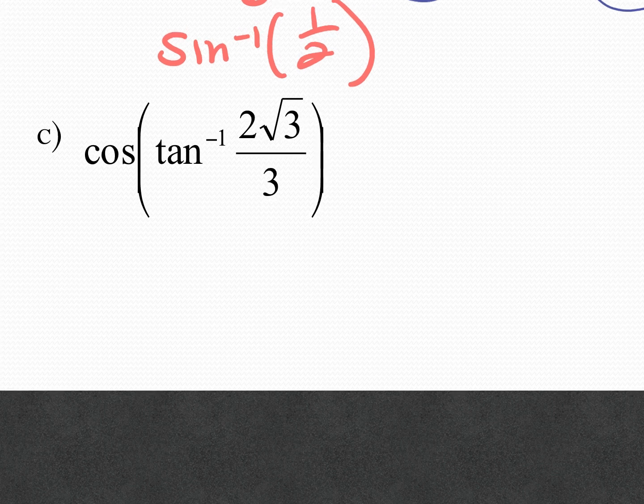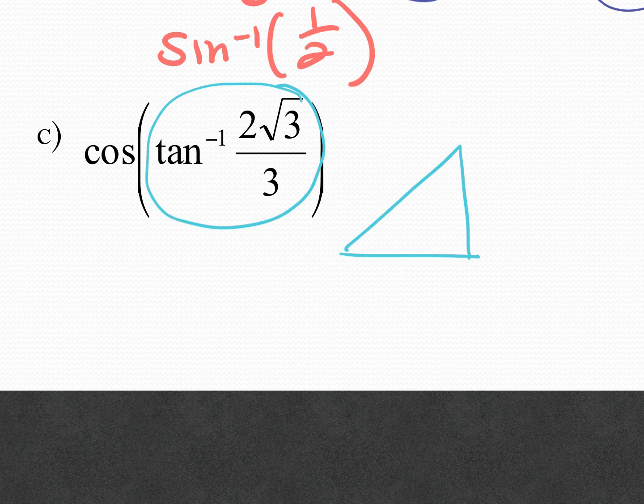Okay, so now look at this, the last one. I start with tangent -1 of 2√3/3. That's not on my unit circle, right? So I set up a right triangle. Tangent is opposite over adjacent. I put theta in the corner.